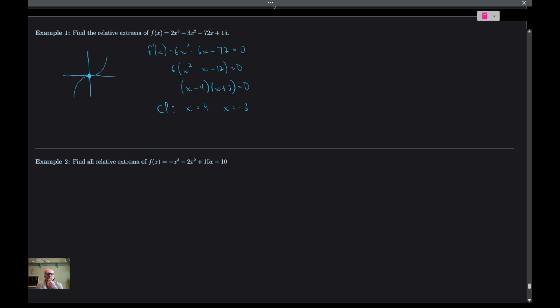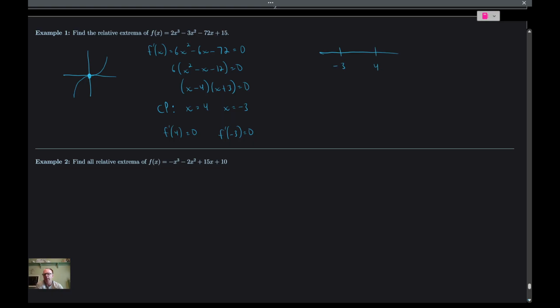So we're gonna test this out. So we know for sure from this that f prime of 4 equals 0 and f prime of negative 3 equals 0. So that tells us that those are critical points. It also tells us that we need to check what is going on either side of these critical points.